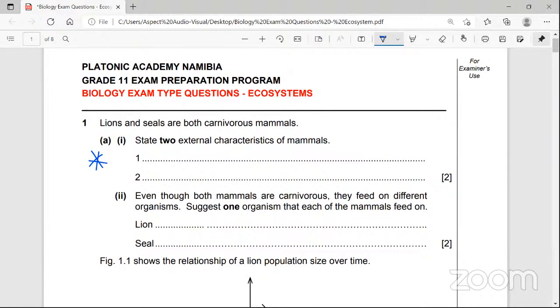No, external characteristics. You can't talk about, like, what it looks like. Fur or hair, right? Or ear flaps. Yes, but those are not external characteristics.